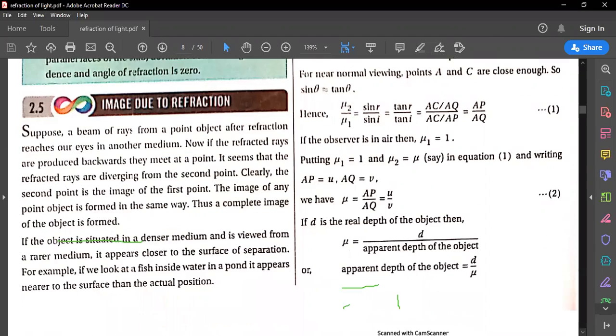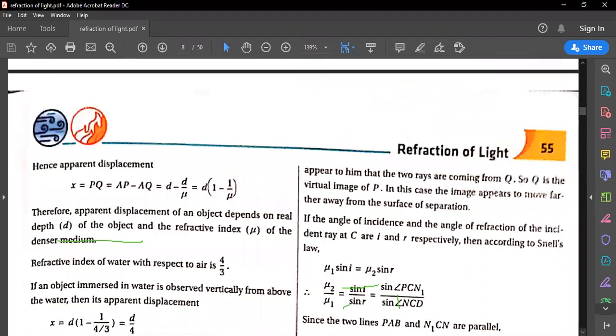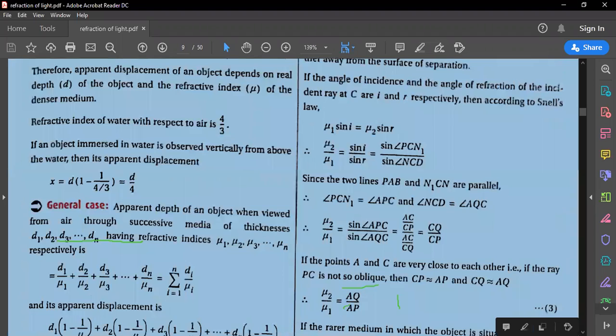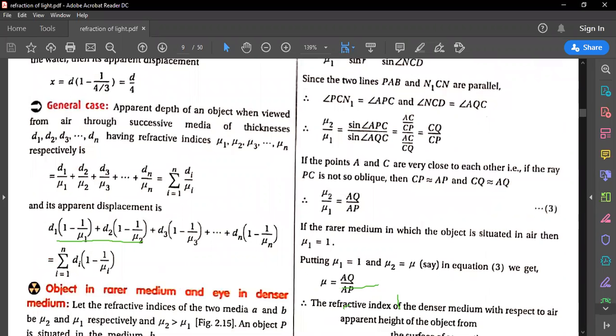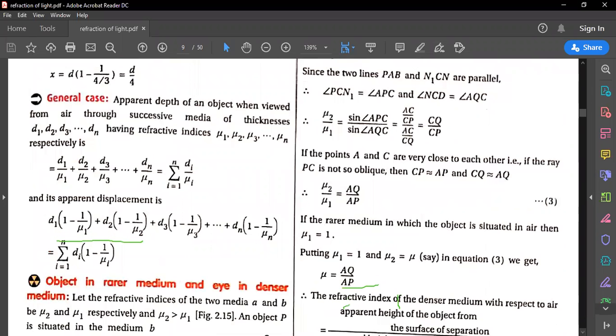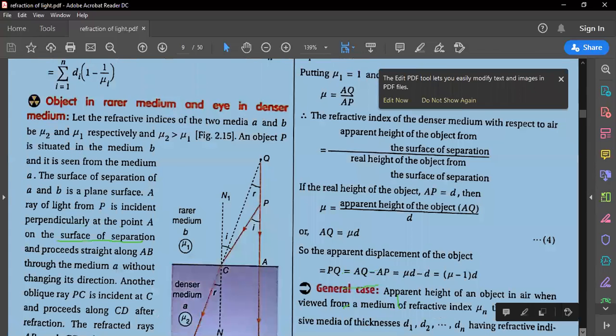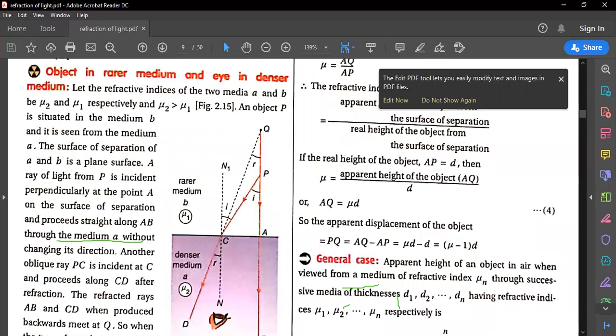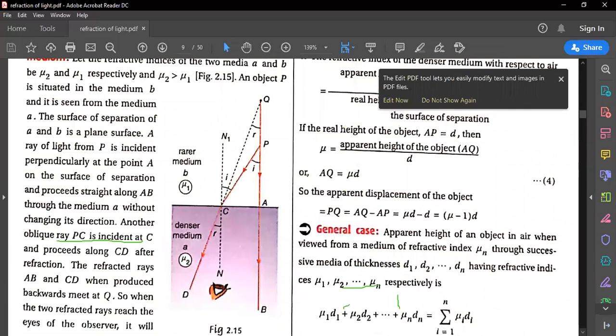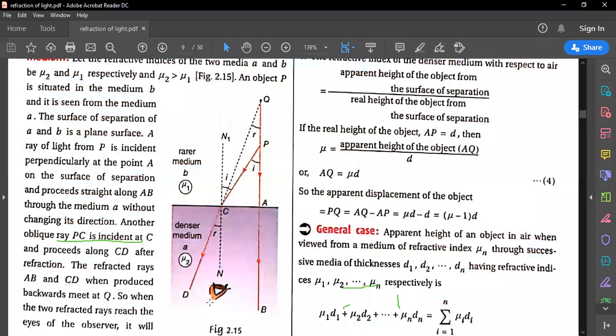Very easy. Now next, we are going to learn what happens if the object is in the rarer medium and the eye is in the denser medium. Let's see the drawing. There is an object P in a rarer medium, suppose air, and a swimmer is seeing that object P from the water.